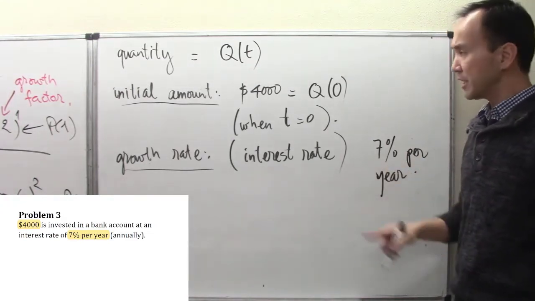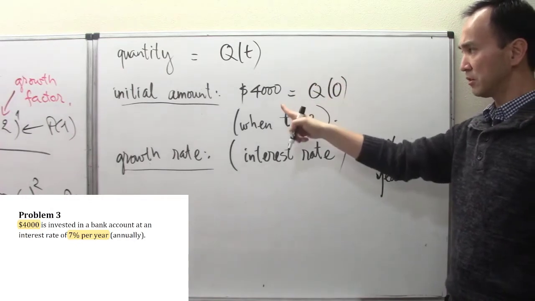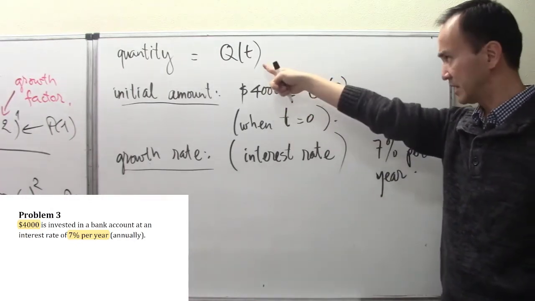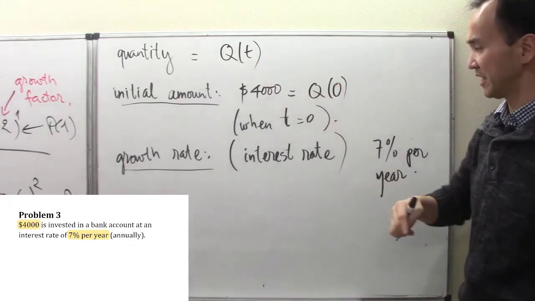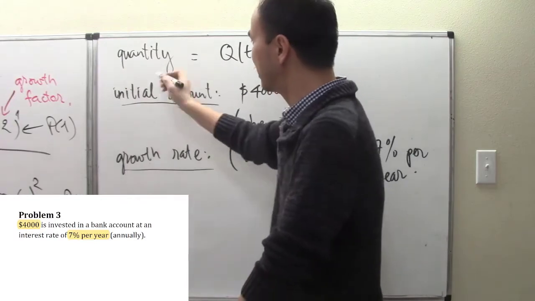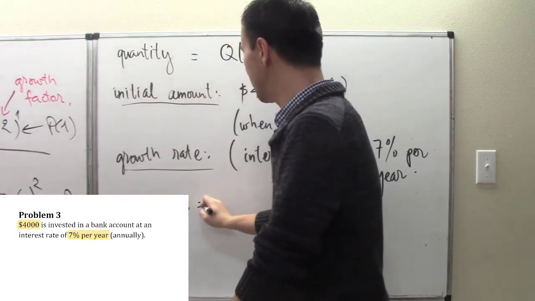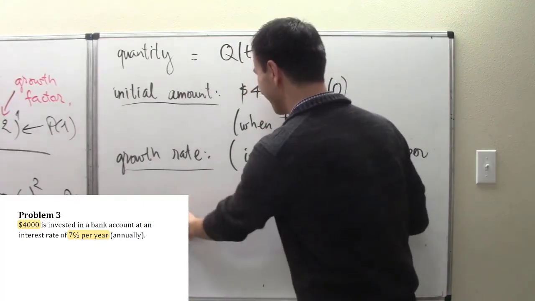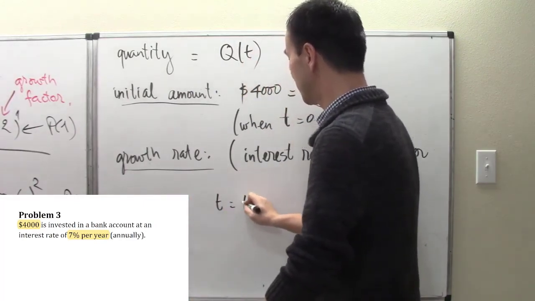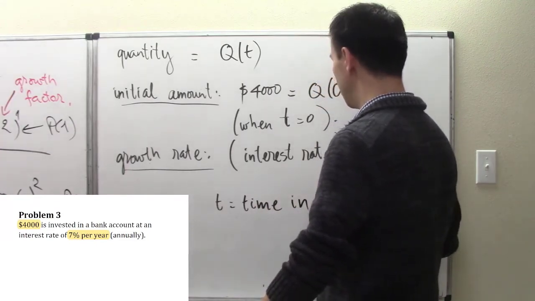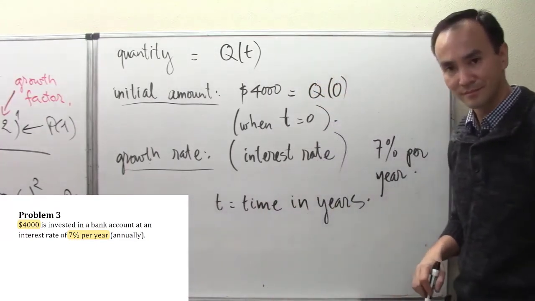So we know an initial amount. We call our quantity that's changing over time Q of t. I forgot to mention it, but needless to say, t here is going to be time in years.